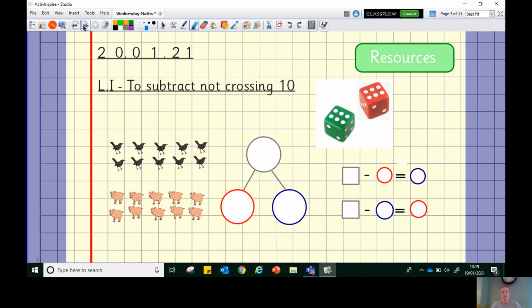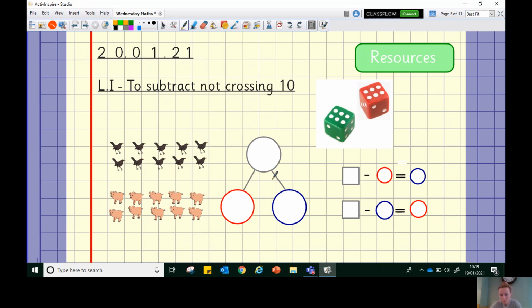Okay, good stuff. Okay, now is your chance to go and get some more resources. Okay, so you need, like we've been doing in the past, 10 of one thing, 10 of the other thing. Okay, you might want to use counters. Some people have been using sweeties, whatever you have, you can use. Then it might be a good idea to use some plates for this.